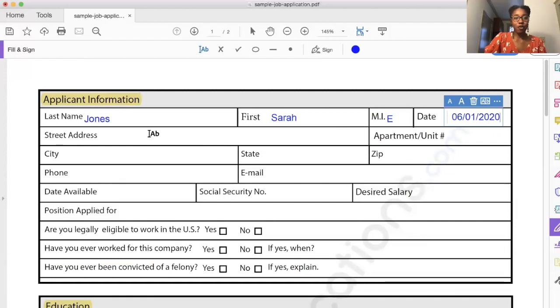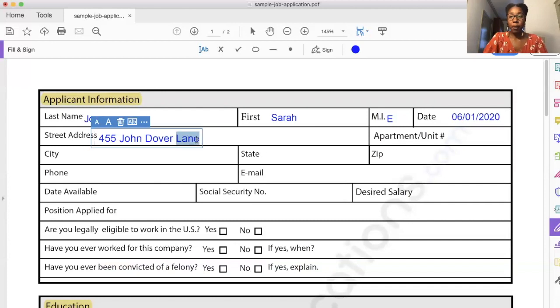Next, it asks for our street address. So Sarah Elizabeth Jones lives at 4455 John Dover Lane. It is important on a job application to spell every word.